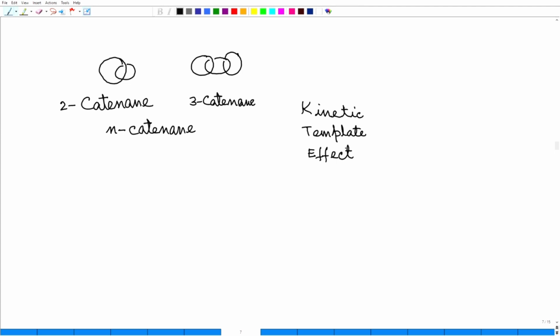So, after rotaxane and pseudo-rotaxane, this is another entangled structure, another interlocked structure. Let me show how to synthesize a 2-catenane. We can make it by means of the kinetic template effect. So, let me draw.